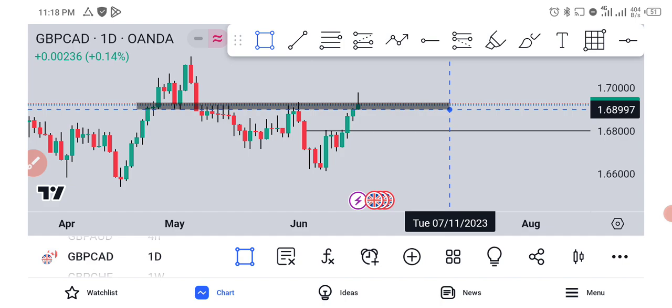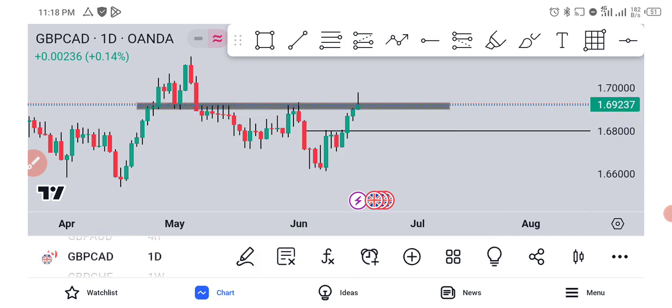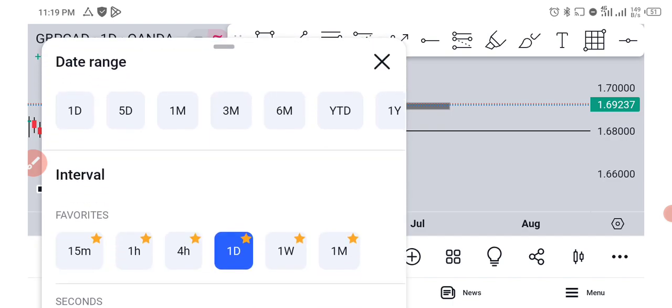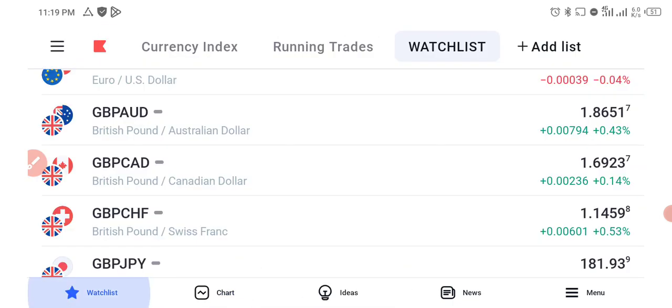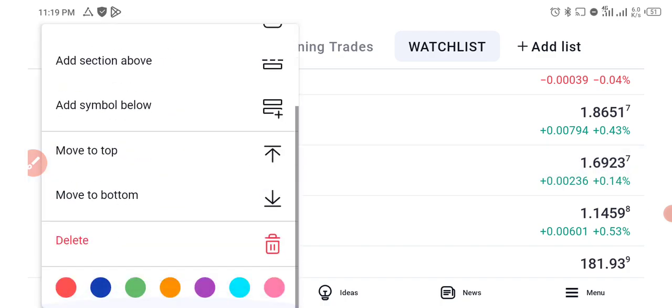The market broke above this resistance level, creating this manipulation and pulling back inside of that zone. So I need a move to the downside to test this red structure, to test this black structure. Now this trade will only be valid if I check my COT data, which I'll be doing after the technical analysis, after adding this pair to my watch list.